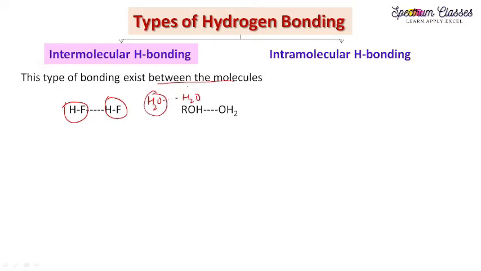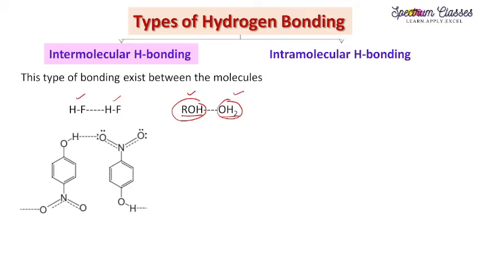If I ask you whether this is intermolecular or intramolecular hydrogen bonding, the answer is intermolecular, because we have one ROH molecule and a second molecule of H2O. Whether the molecules are of the same type or different types, if the hydrogen bonding exists between two different molecules, that is called intermolecular hydrogen bonding.